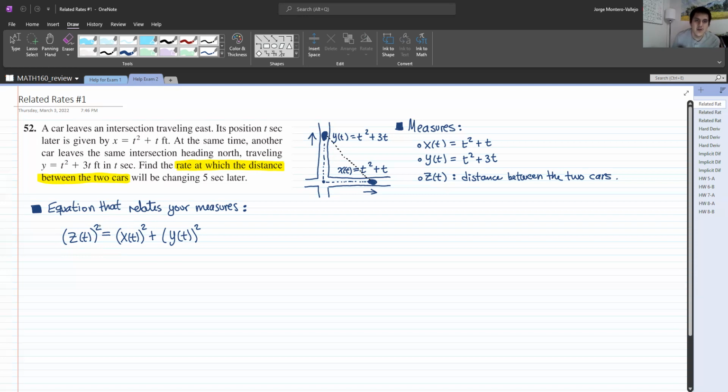Now, there's another comment that I want to make about differentiating this entire equation. Before, we have been differentiating with respect to x, right? So whenever we did implicit differentiation before, we would take the entire equation, whatever I have on both sides, and I would do d/dx.